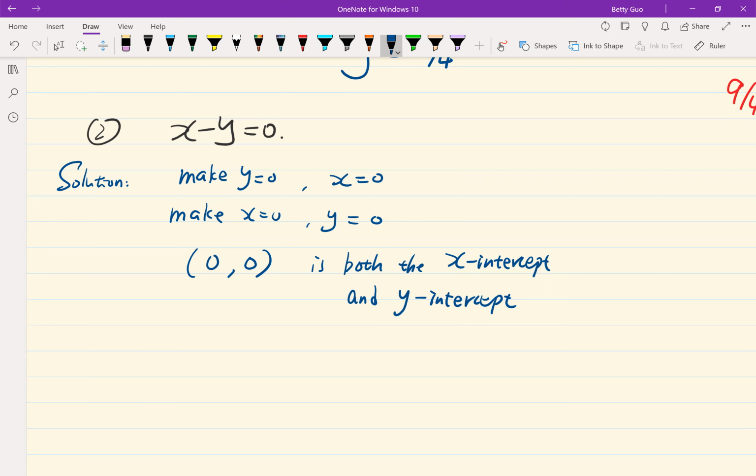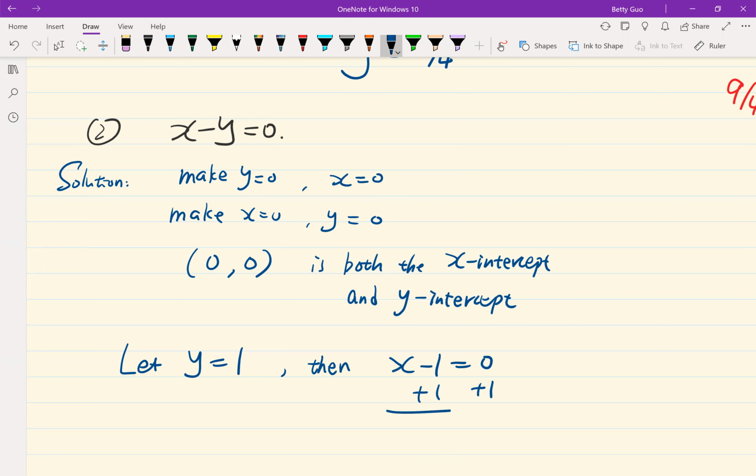Now, how do we graph the line when the x-intercept and the y-intercept are both the origin? We can try this. What if we let y be 1? What is x? If we let y be 1, we have x minus 1 equals 0.